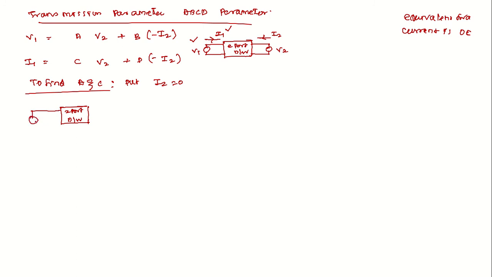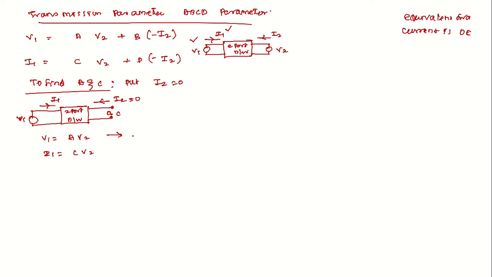When you put I2 equal to 0, the equations reduce to V1 equal to A into V2 and I1 equal to C into V2.